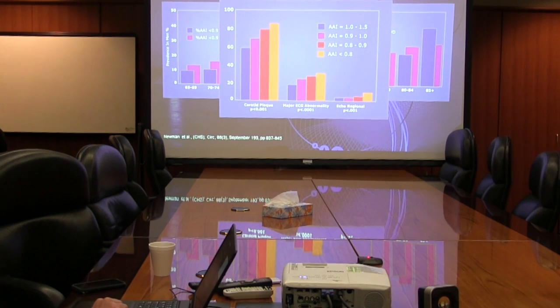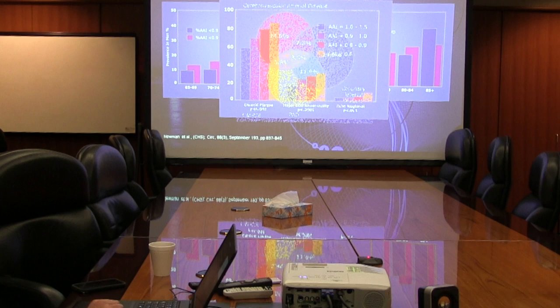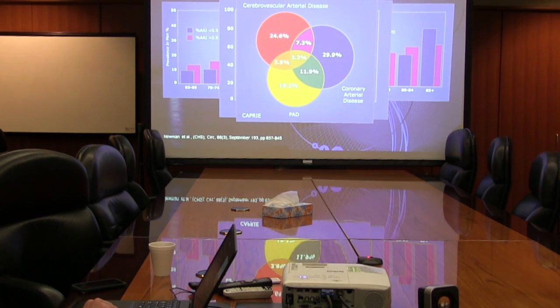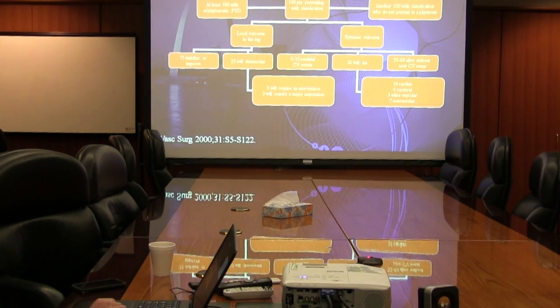The different colors are worsening ABIs, but you can see if your ABI is less than 0.8, you're much more likely to have carotid disease, an abnormal EKG, an abnormal echocardiogram. Once again, systemic disease. Usually it's not isolated disease. So if you have patients coming in with claudication who have a normal vascular exam, it's probably good to start thinking about other things and screening for other things and definitely treating.